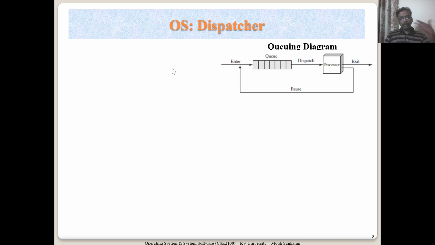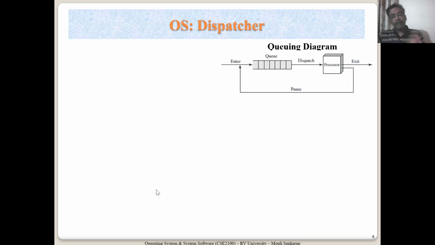Similar to that, you cannot say that without being created, it has exited from the system. So the template is created and possible transitions are explained, and the process can go through different states, and those transitions are specific to a particular individual process.